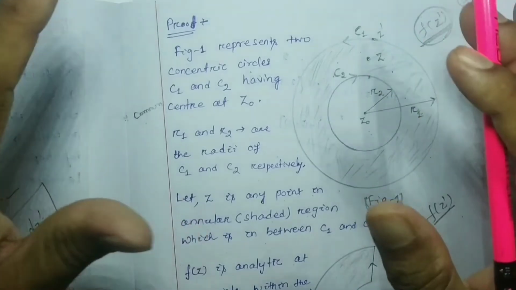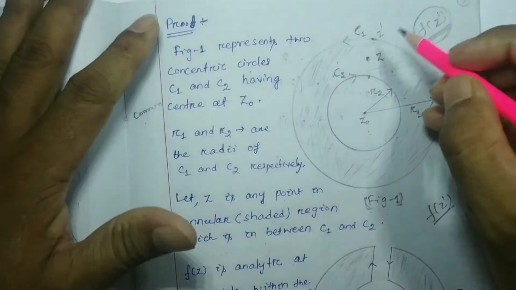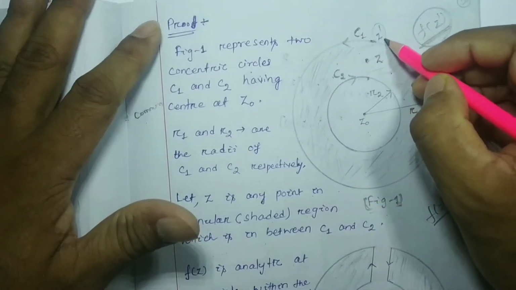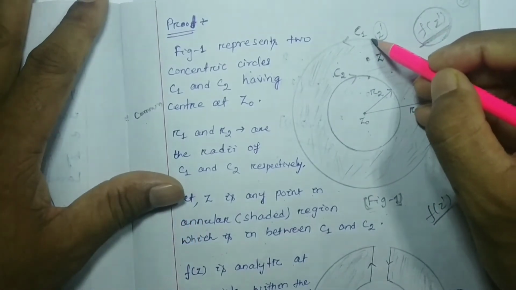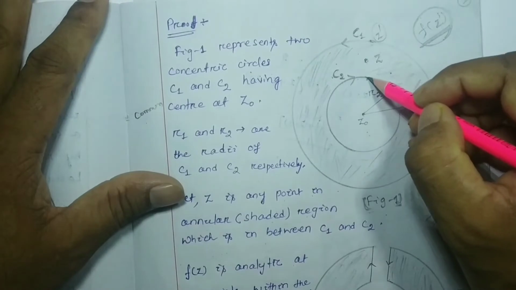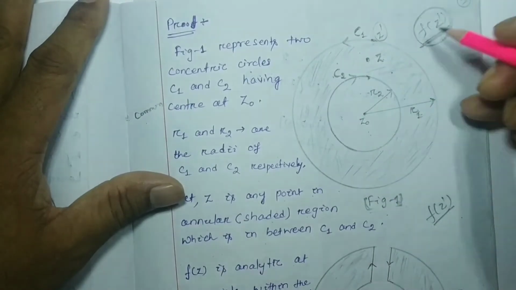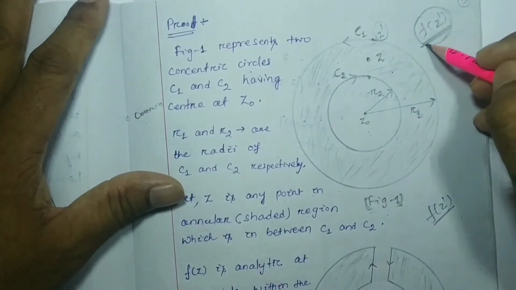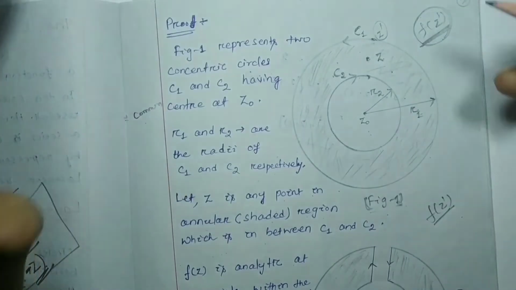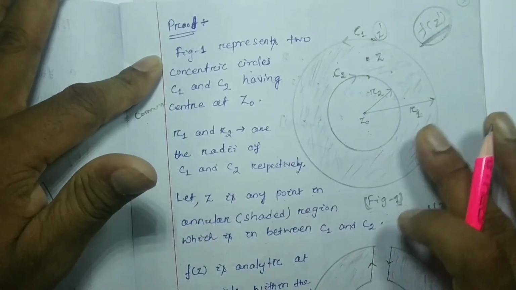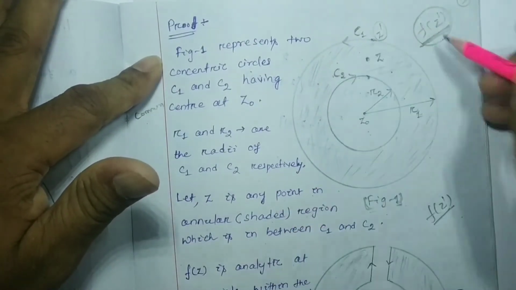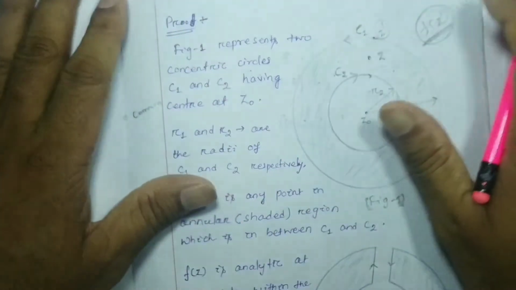You got my point? As we consider z dash to be a point either on the circle C1 or on the circumference of C2, hence we consider that f(z dash) will be a function which is spread in between these two circles and on the circles, and f(z dash) is an analytic function.